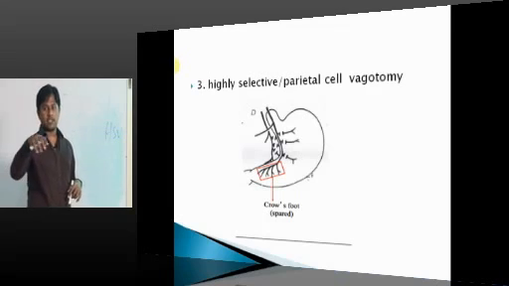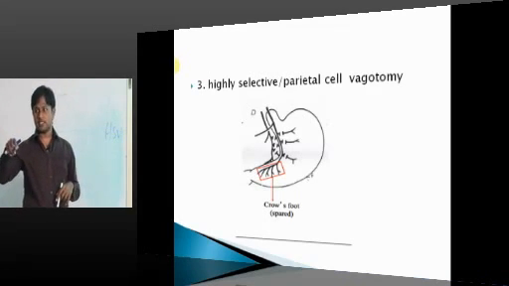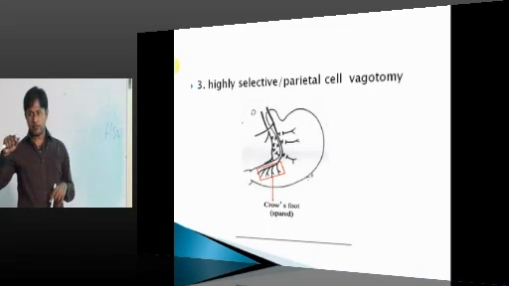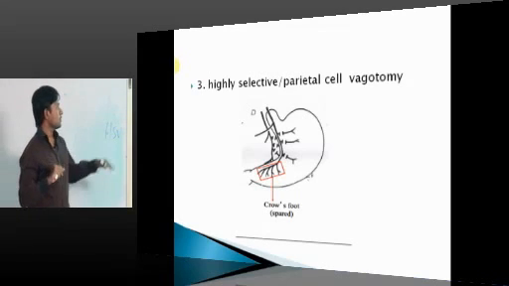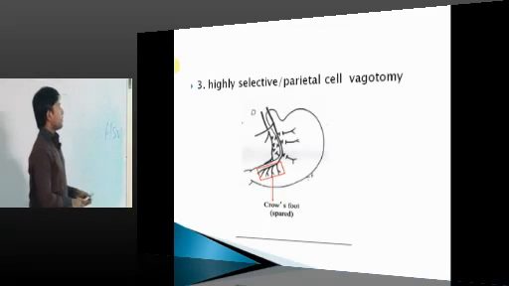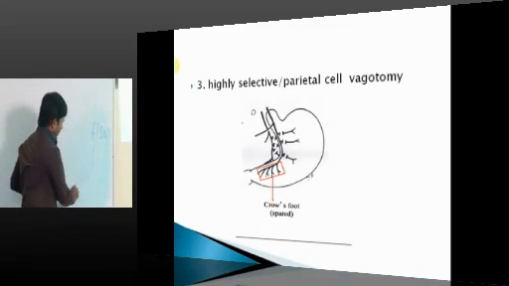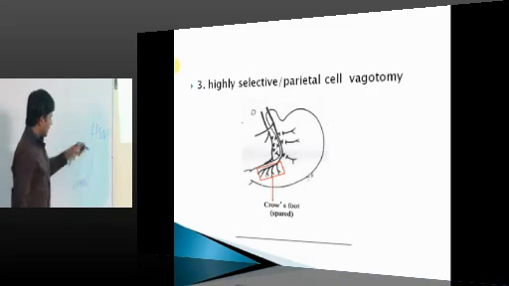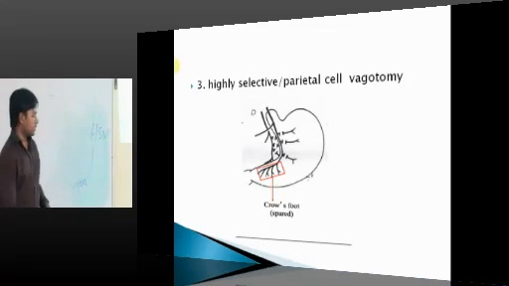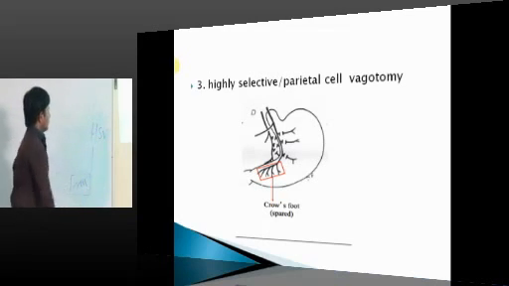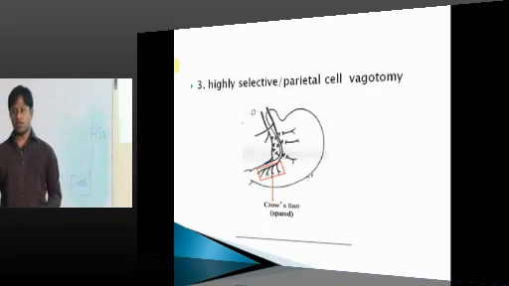It is called parietal cell vagotomy because it directly cuts the supply to the parietal cells. But you have to spare this crow's foot. You have a small nerve at the end of this left vagus. This is called the crow's foot, because it appears like a crow's foot.